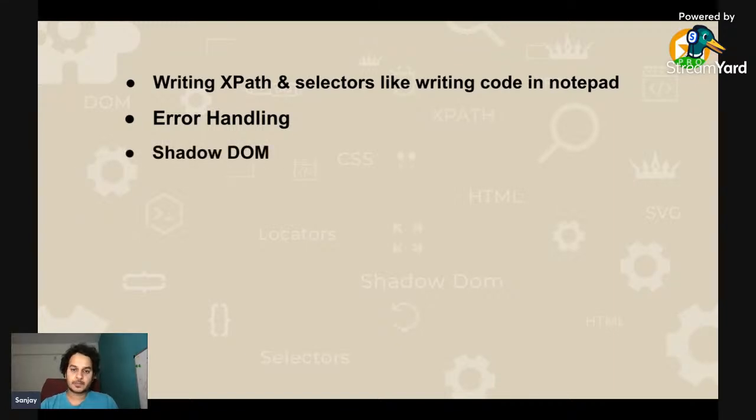Then Shadow DOM was such a nightmare for people in the industry. Writing just one selector to identify Shadow DOM elements in the Elements tab was really impossible for people. For the beginner it was such a pain, and for the expert as well it was very painful to write and verify one selector for Shadow DOM elements.